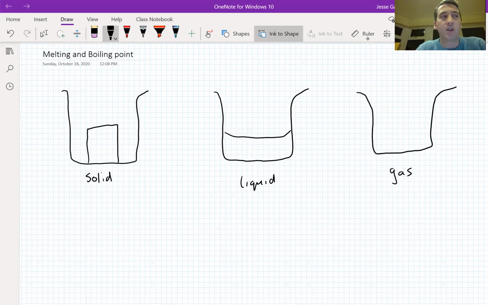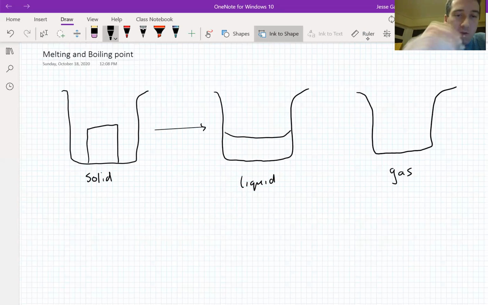Okay, now if I asked you then to tell me how would we go between them? So how would we go from a solid to a liquid? What would we have to do to get that change to happen? Okay, so on 3, 1, 2, 3. I'm hoping that you would have said we would have had to add energy. Okay, add energy by heating.